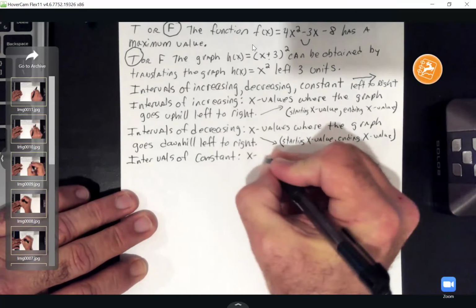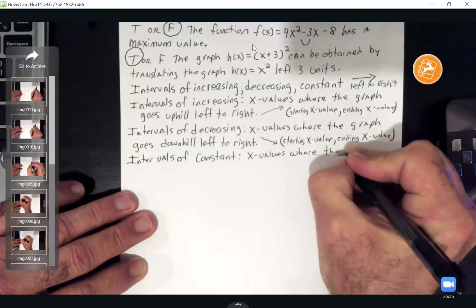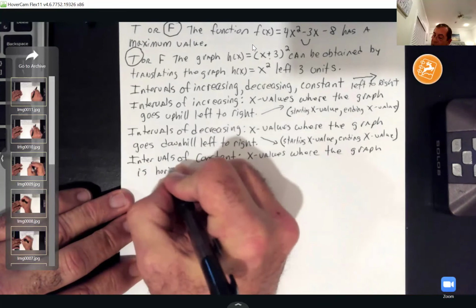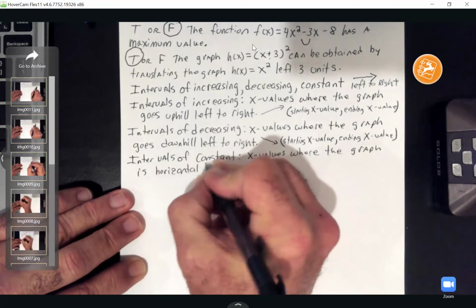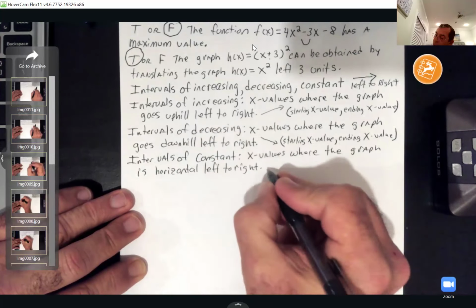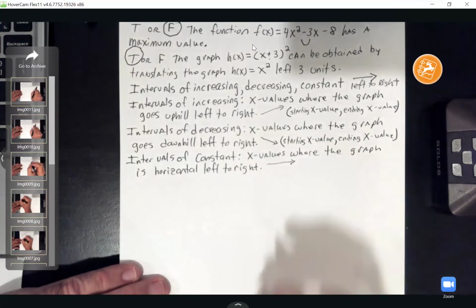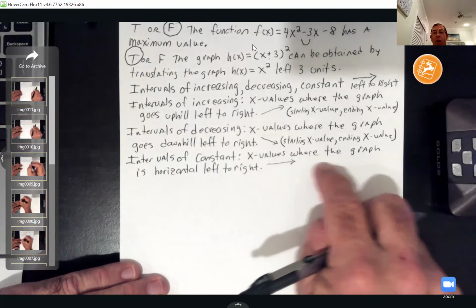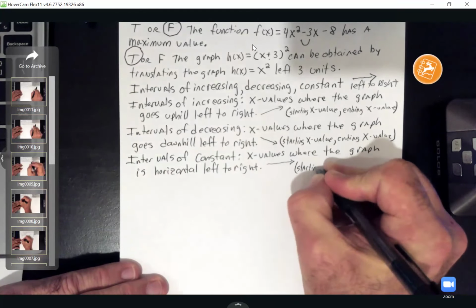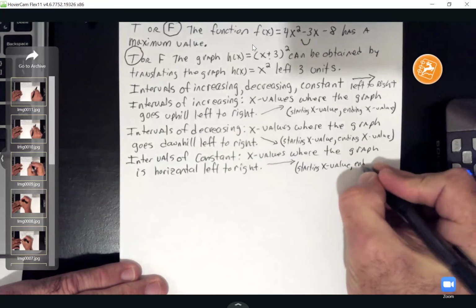This is the x values where the graph is horizontal left to right. And remember, horizontal is just straight across. So you'll have a starting x value and an ending x value.